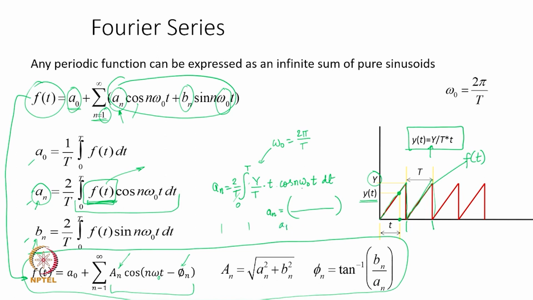I will substitute n equal to 2 to get the value of amplitude 2, and so on. Once I get a n and b n, I can get this amplitude, and then I will have a complete idea as to how many harmonics and their corresponding amplitudes are to be obtained.